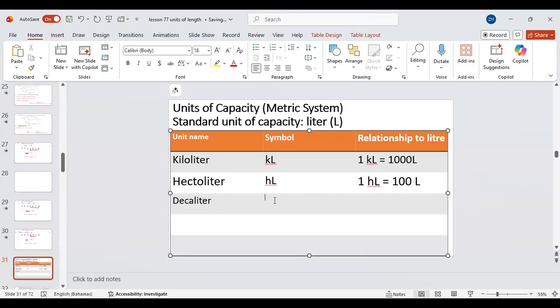That's gonna be DAL. And 1 DAL is equal to 10 liters.